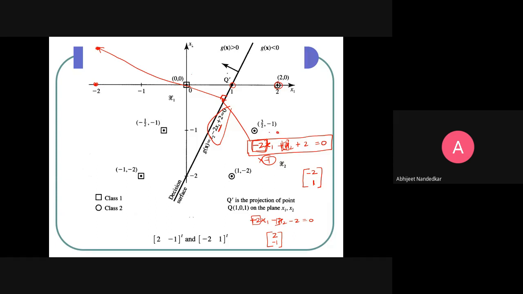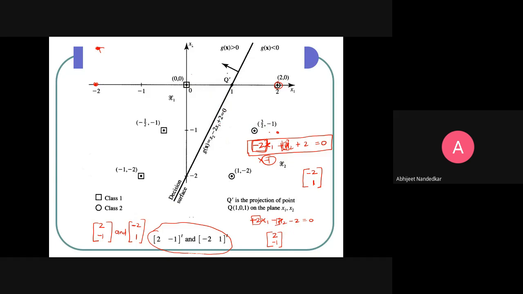So this is also perfectly perpendicular to this line. So these are two pairs actually. These two vectors are opposite direction vectors. So if I draw vertically, this is 2, minus 1 and minus 2, 1. Okay, so these are two vectors which are actually perpendicular to the line.